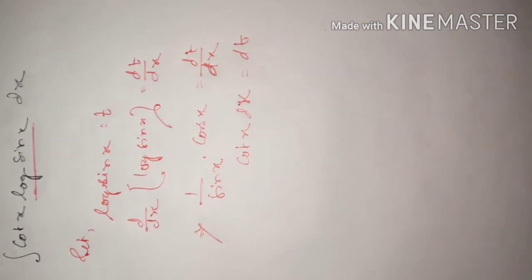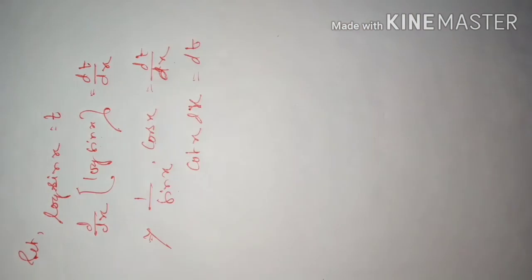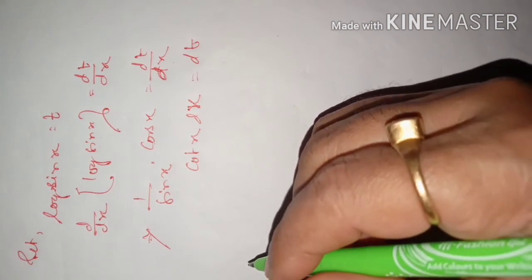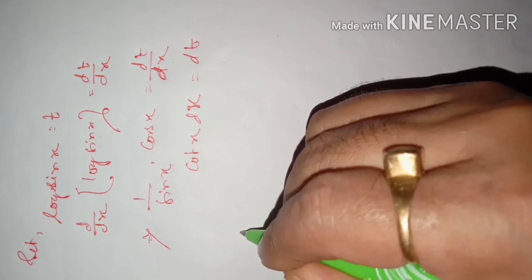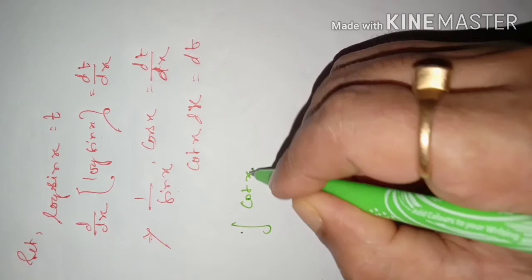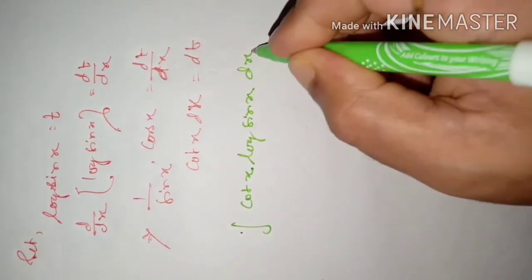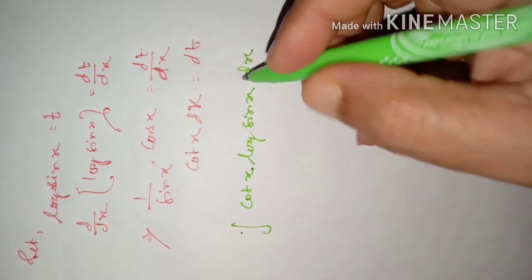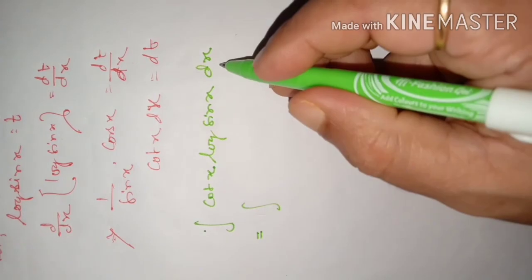Now the original problem can be written like this: integration of cot x log sin x dx is equal to integration of cot x dx times log sin x.